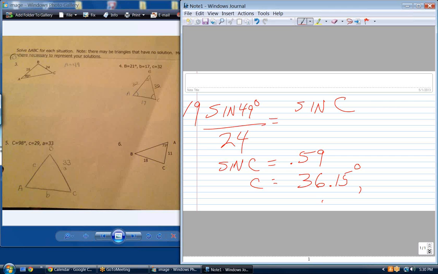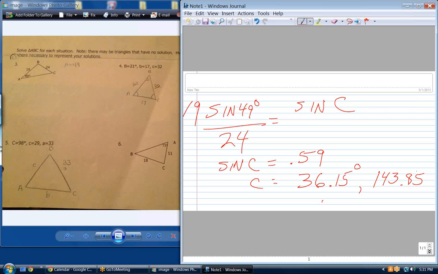But we know there's another possible angle that C could be, because the sine of C is positive in the first and second quadrants. So what is the second quadrant angle where the sine of C would be equal to 0.59? The hint is it's supplementary to this angle. So what angle is supplementary to this angle?